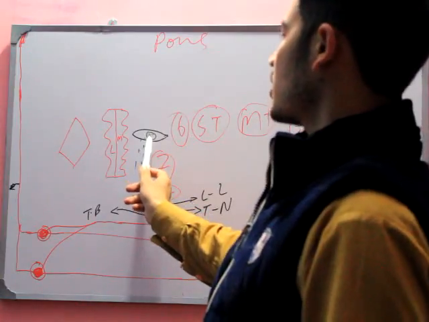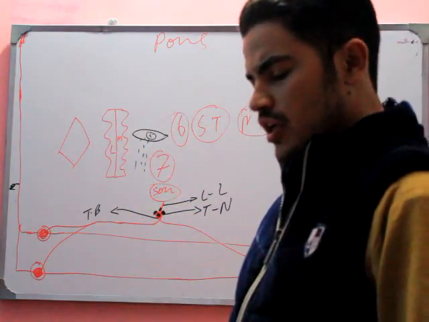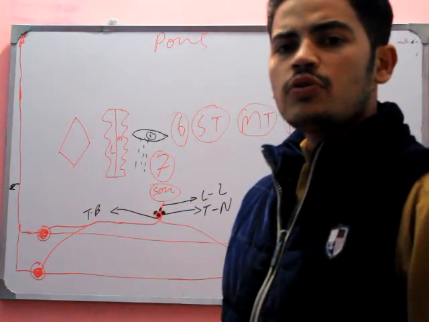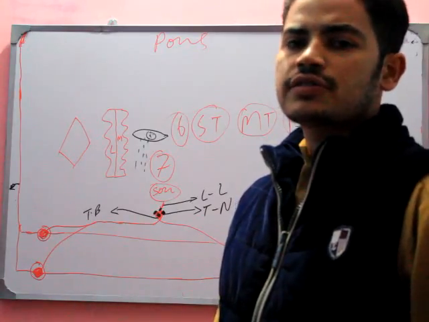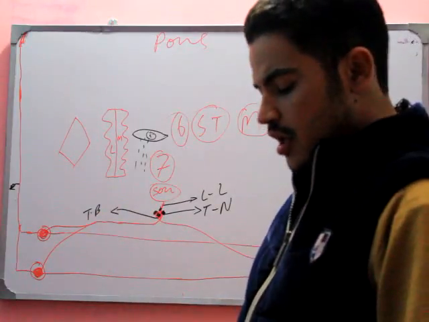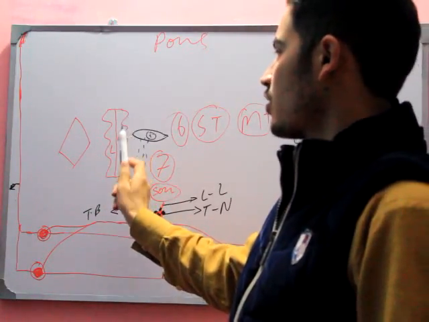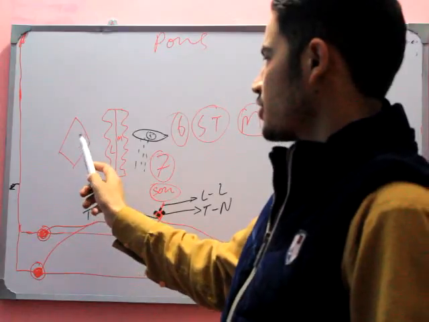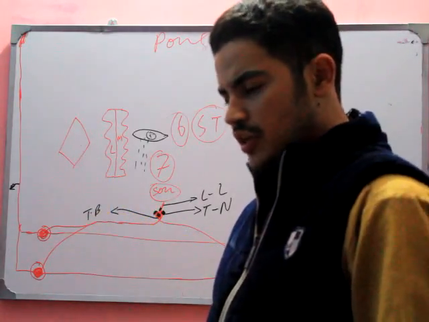At the lateral side of this parasympathetic nucleus, there is your nucleus of tractus solitarius, which has a medial part and a lateral part. On the lateral side of the tractus solitarius, there is your vestibular nuclei.